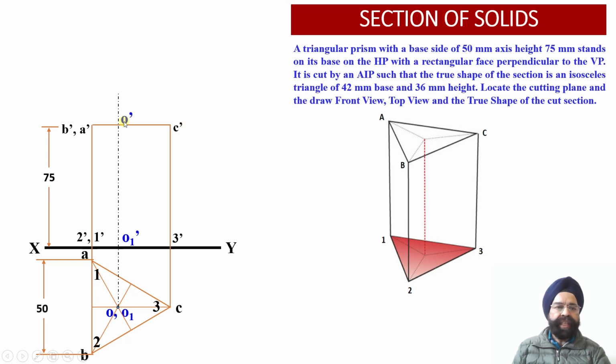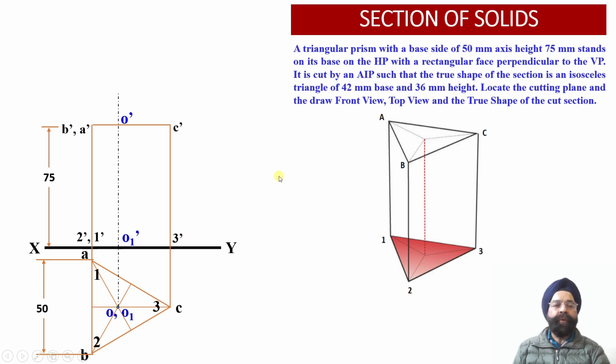Now we can locate the axis points O dash and O1 dash over here in the front view projection. As we have already discussed, O dash is the axis point lying on the top face of this triangular prism, while O1 dash happens to be the axis point which lies on the base of this triangular prism.